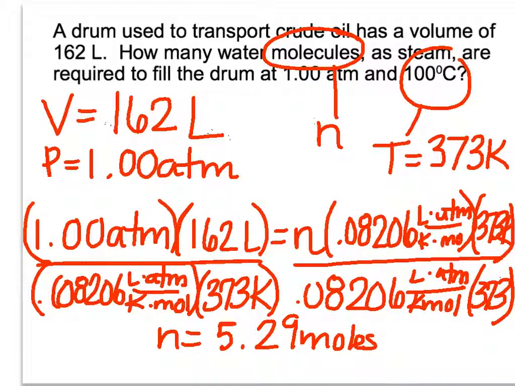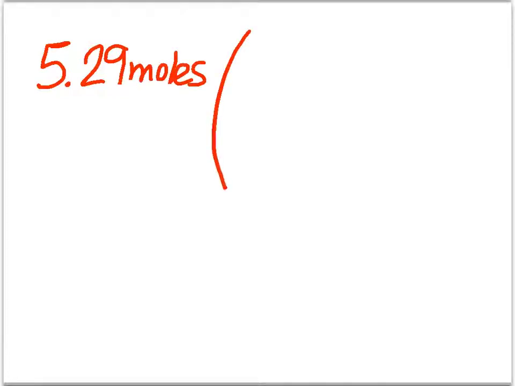Now, we're next going to have to convert those moles into molecules. If you remember, to go from moles to molecules, we're going to have to use Avogadro's number. So I'm going to take my 5.29 moles, and I need Avogadro's number.